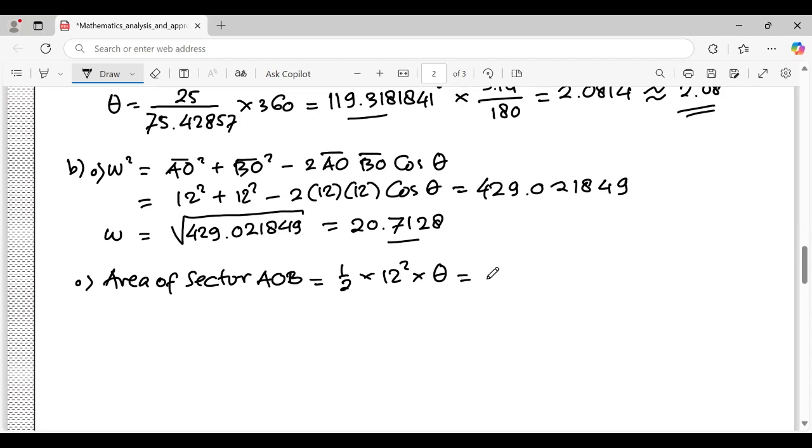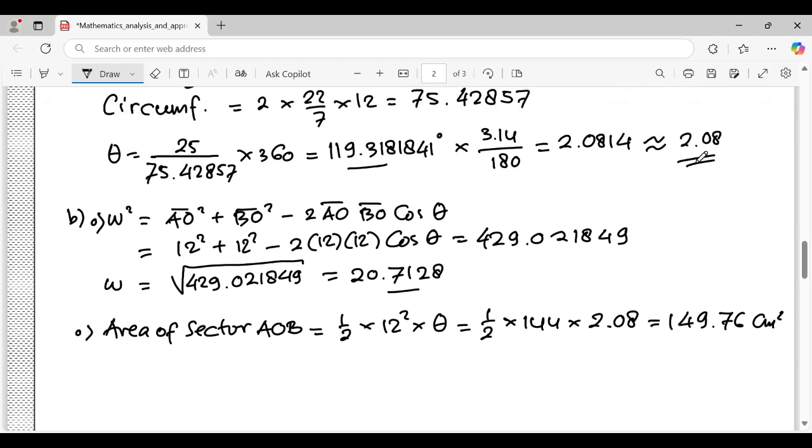If you calculate 1/2 times 144 times theta, because for sector area we use radians, not degrees, sorry, 2.08, the result is 149.76 centimeters squared.